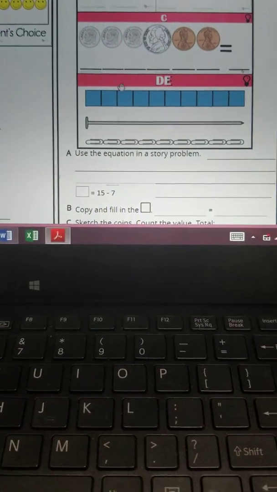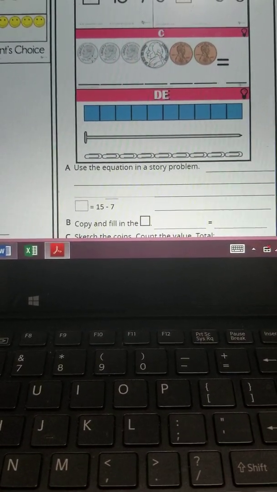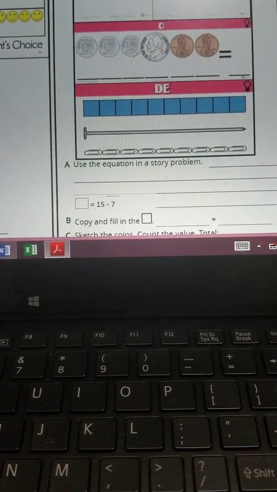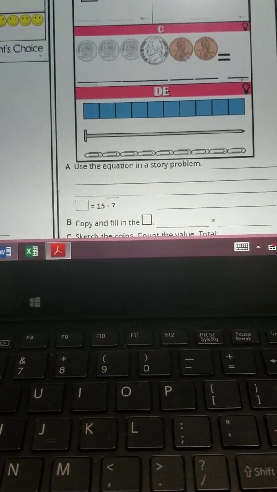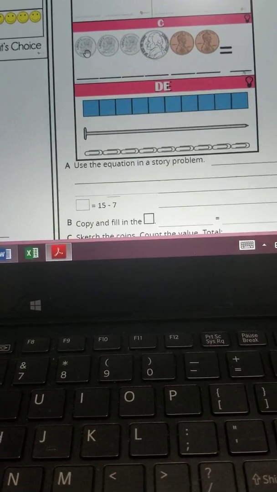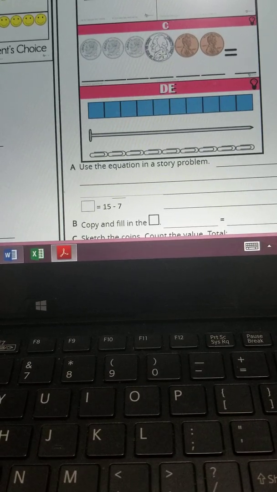And then you have your coins. Make sure you skip count. Okay, so you've got your dimes, which you count by what? Tens. Your nickel, which you count by fives. And your pennies, which you count by ones. So don't forget to count on. So after you're done counting by tens, count on. Don't start over at 5.